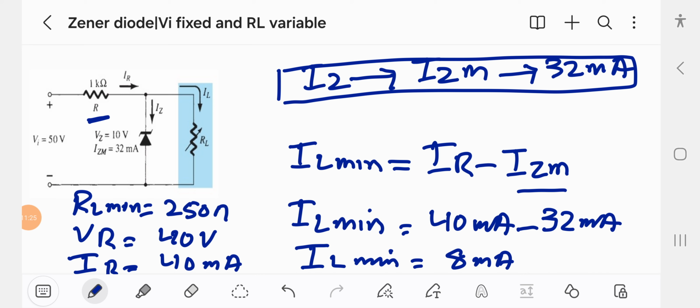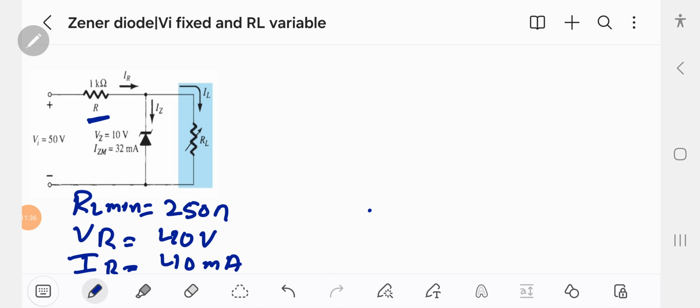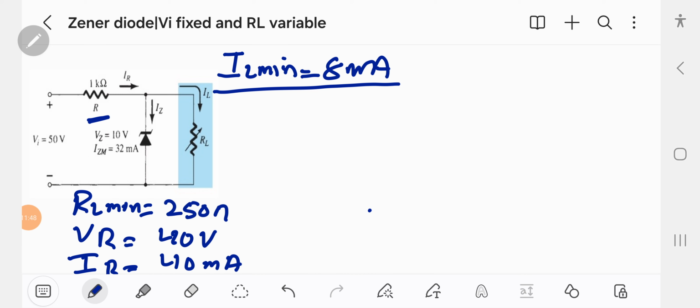Now from this IL minimum we can find the RL maximum.